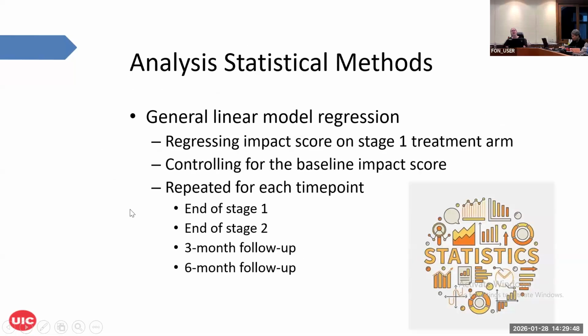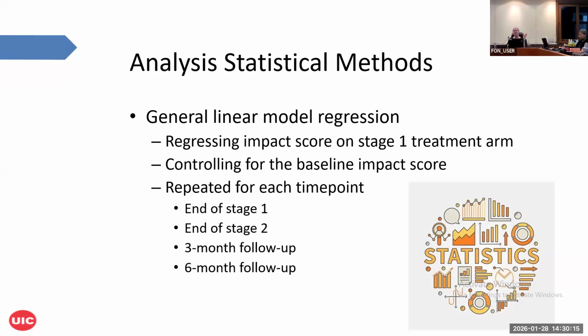Don't worry about remembering this, but I did have to put a little bit of statistics in just to share how we did it. But what we did was a general linear model regression. And so we're regressing the pain impact score on stage one treatment arm.